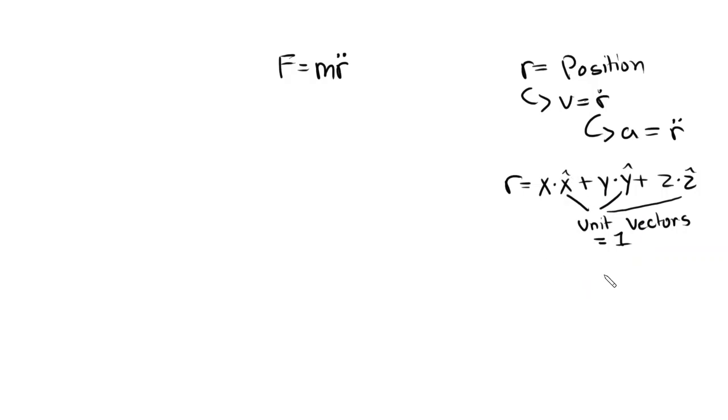Now, the reason this is important is, if we differentiate this into acceleration, the acceleration, or the second derivative of position, is equal to the second derivative of position in the x direction times x hat plus the second derivative of position in the y direction times y hat plus the second derivative of r in the z direction times z hat.